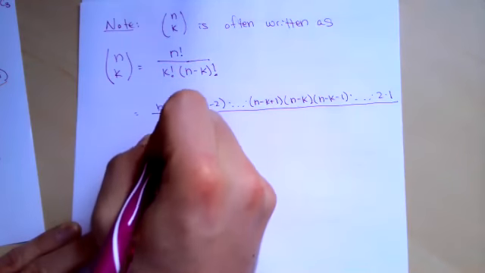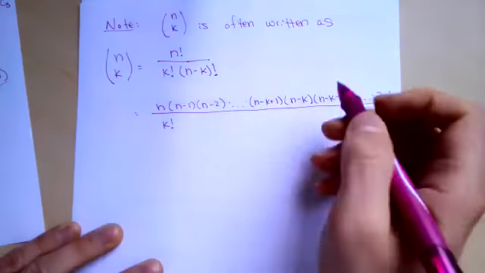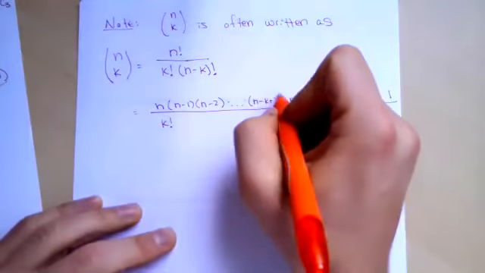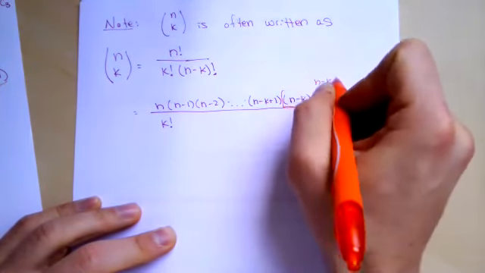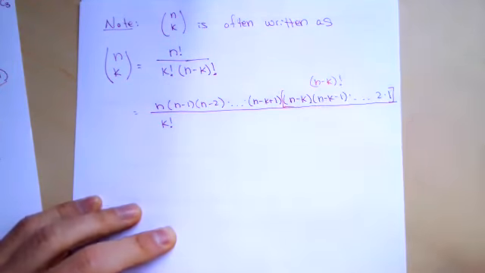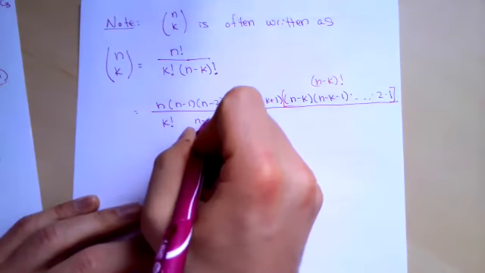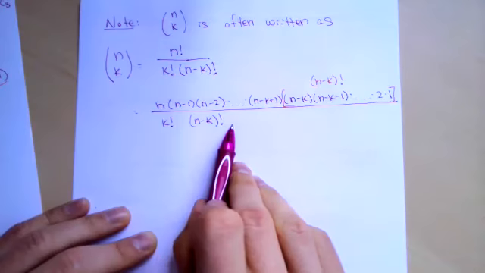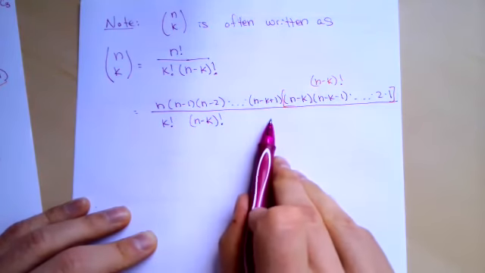And if you notice that this n minus k factorial is just this part. So in the denominator, when I have this n minus k factorial, if I wrote this term out and expanded it, it would be n minus k minus 1.